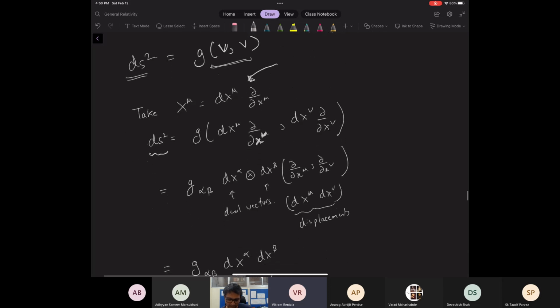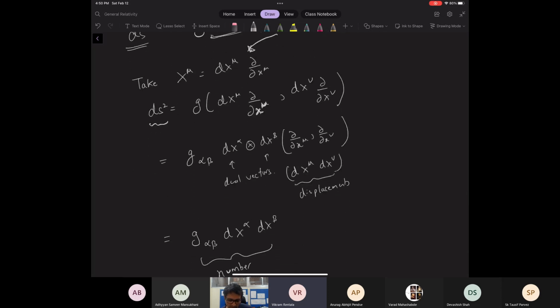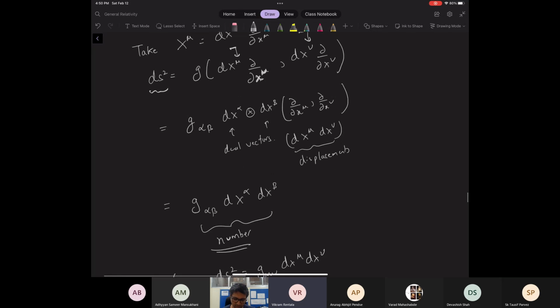Now I'll plug in dx mu partial x mu, and dx nu partial x nu. We already worked out how to do this dot product for general vectors. The end result is that you get g alpha beta, these are components of alpha beta.